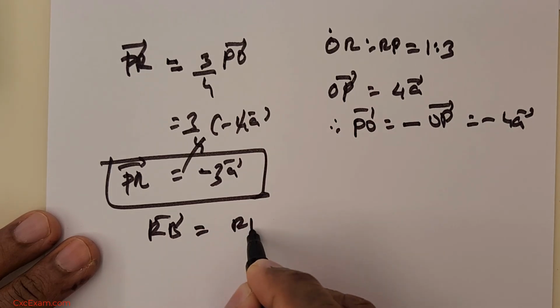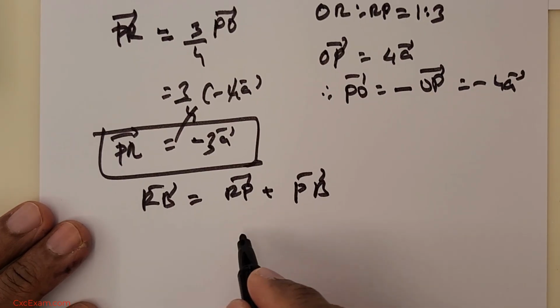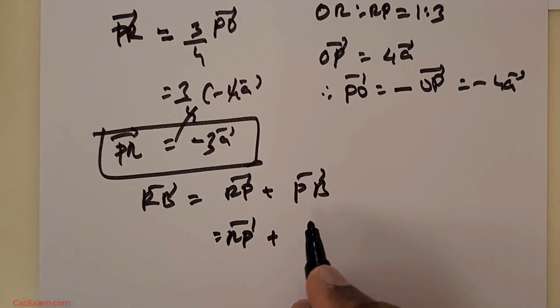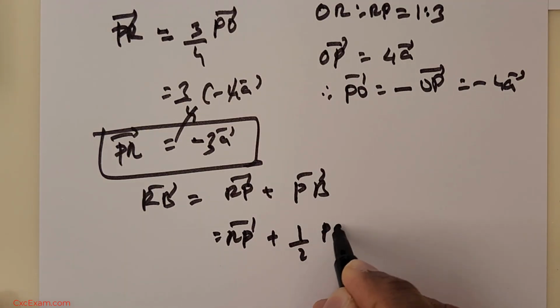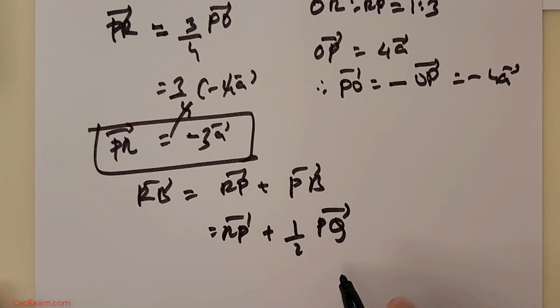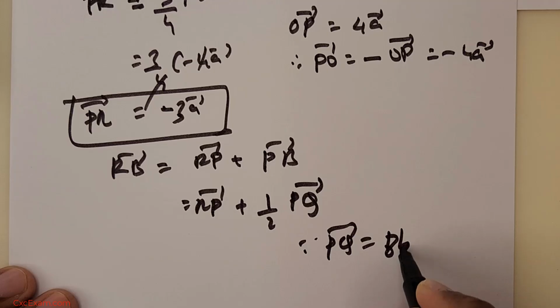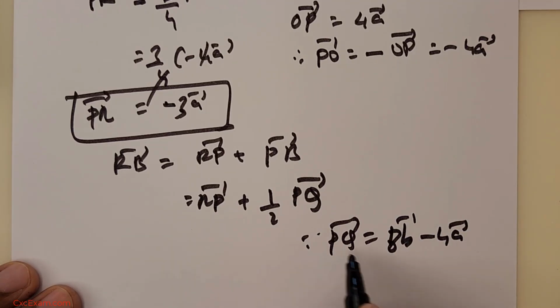So RB vector is equal to RP vector plus PB vector. See, B is the midpoint. Okay, so it's going to be 1/2 times PQ vector. But we found PQ vector. PQ vector is 8B vector negative 4A vector. I'm going to take it as 4A vector. Okay, for that value of OP, I've already mentioned.